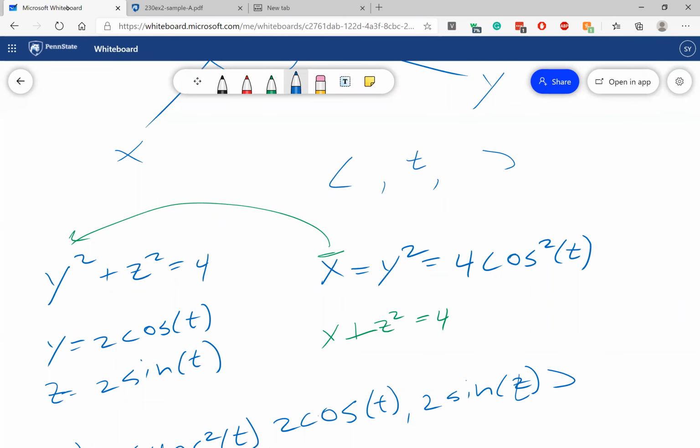Then x would be t squared, because x is equal to y squared. And then z would be the square root of 4 plus t squared.